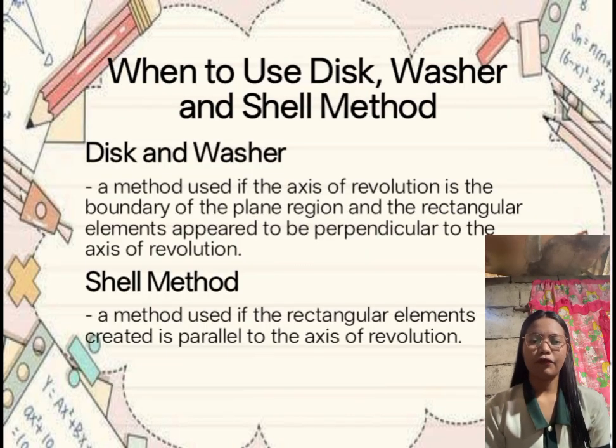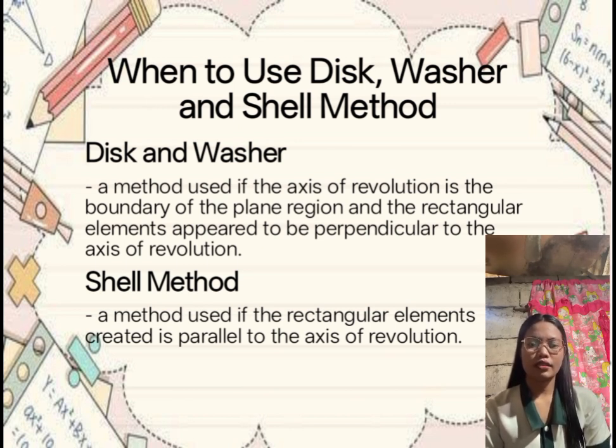Given a problem in finding the volume of a solid of revolution, we need to remember when to use the three methods: the disk, the washer, or the shell method, for us to know what will be the best method to use to find the volume of a solid of revolution. So disk and washer is a similar concept.